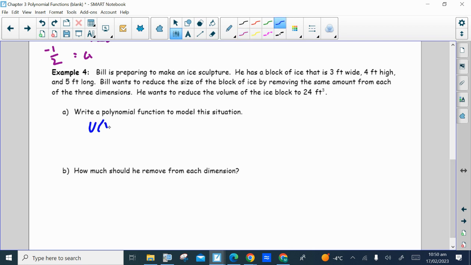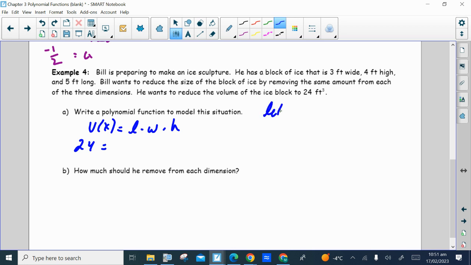So again, the volume of a box is length times width times height. We know that the volume needs to be 24 cubic feet, and the length, width, and height are found by taking the original dimensions and removing the same amount from each of those dimensions.